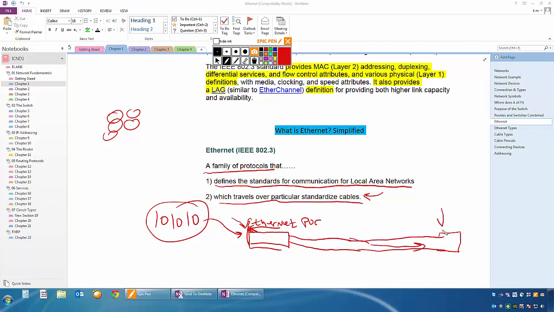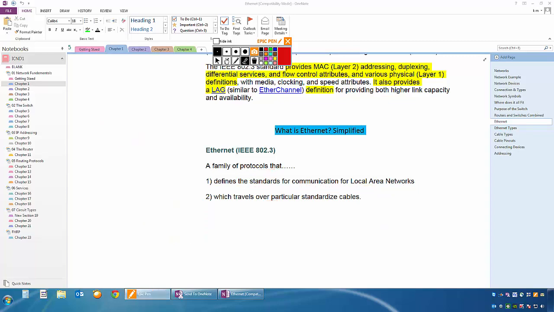So don't you think it'd be nice to have another Ethernet port over here that follows the same rules? There you go. Otherwise, if they follow different rules, we have the Wild Wild West, and you have a lot of PCs not being able to communicate. So this is Ethernet in a standard, simple form.